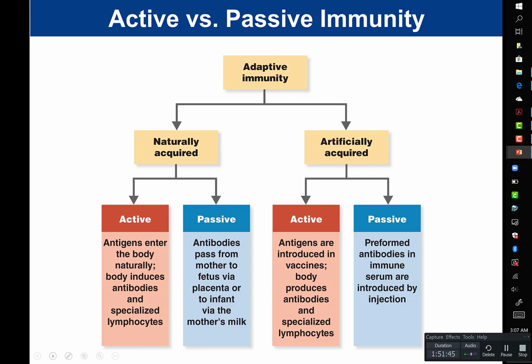People who have had COVID-19 are donating their plasma, which has a lot of these antibodies, and it's then given to patients who are really sick with the disease to help them fight off the infection. Because again, it takes time to mount an immune response. But if they inject them with the antibodies against that coronavirus, that will help fight the infection faster. And so that's another example of artificially acquired passive.